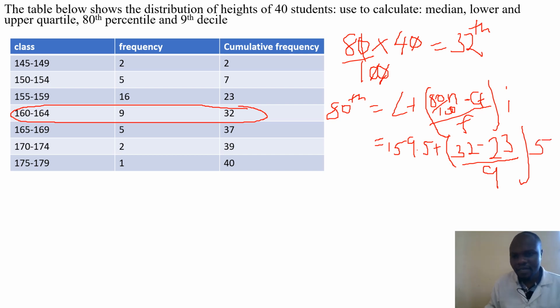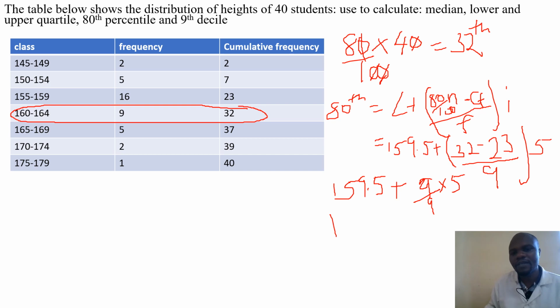And if I had this, I'm going to have 159.5, then added to that 32 minus 23, that is 9. So I'll have this one being 9 out of 9, then multiplied by 5. And of course, you know that 9 divided by 9 is 1. 1 times 5 is 5.